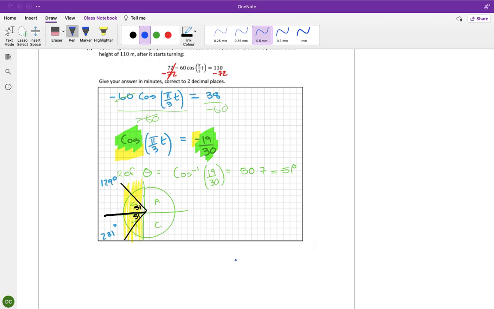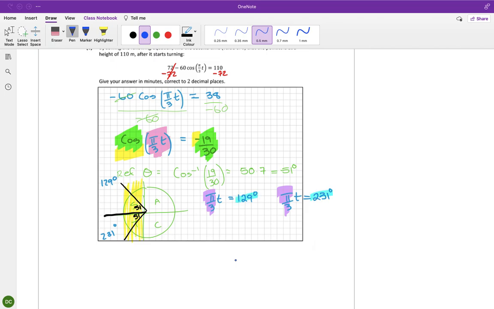Okay, now provided the angle is just theta or t or x or whatever, you're done, but it's not. It's this yoke. So we need to go pi over 3t equals 129 degrees and pi over 3t equals 231 degrees. Now, I can't actually do this because this is radians, and they're clearly degrees.